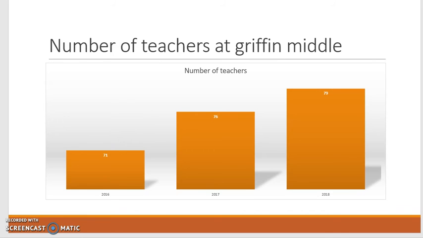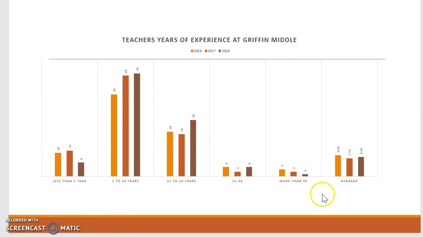The number of teachers at Griffin Middle has increased over the last few years, going from 71 up to 79. Years of experience with teachers: three years ago, 2016, the average was 9.04 years. Then it dropped to 7.72, and it increased to 8.34 years, the average years of experience per teacher.